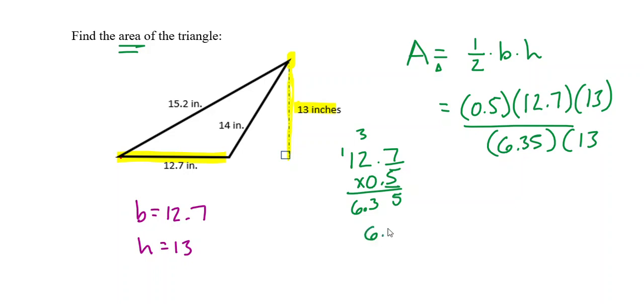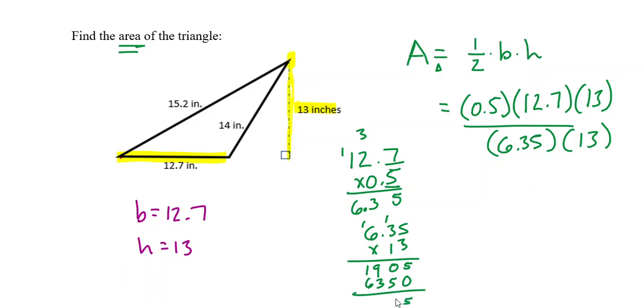So 6.35 times 13. Notice how I'm carefully showing all my work. 3 times 5 is 15. 3 times 3 is 9, plus 1 is 10. 3 times 6 is 18, plus 1 is 19. Put a 0. 1 times 5 is 5. 1 times 3 is 3. 1 times 6 is 6.